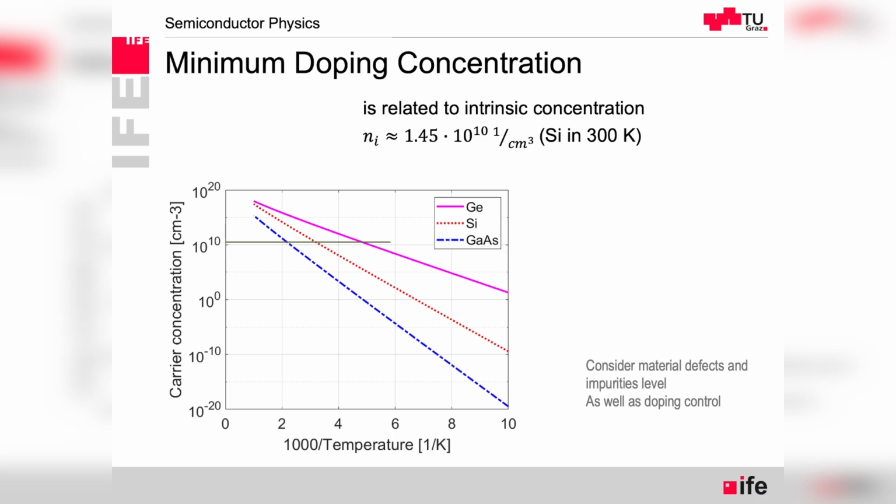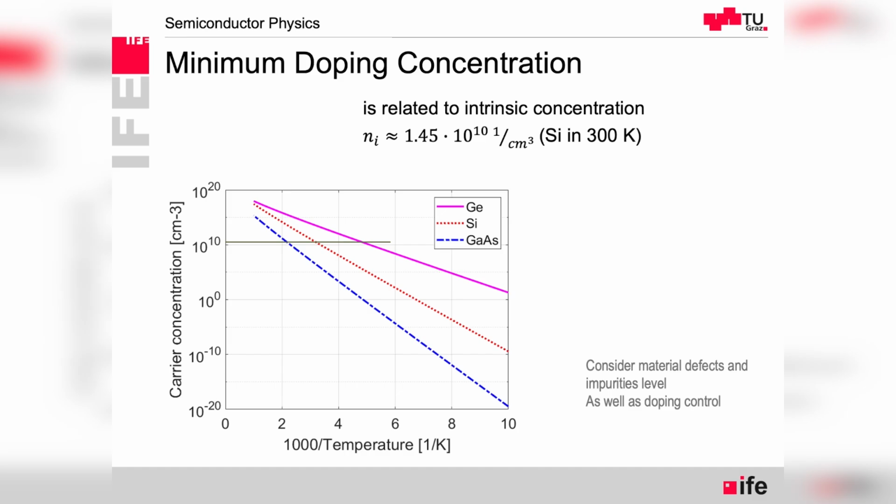And only later, some decades ago, now we can do that very well. People learned how to purify it very well, so that by cooling down, we can see that actually the conductivity is changing and reducing. So here is the importance of the material defects and impurities, and the number of impurities and defects per cubic centimeter has to be much, much lower than the dopant level that is of interest.